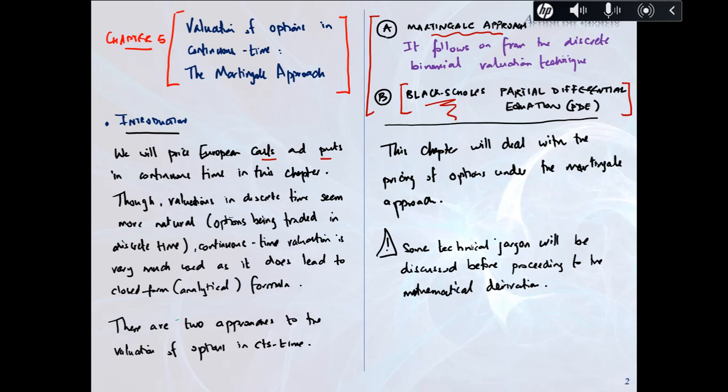This is very interesting and very important in the world of option pricing. What we'll see here will display very useful tools for the derivation of partial differential equations, even partial integro-differential equations in the case where we have jump diffusion processes, to derive these equations for option pricing. So we'll see that later on.